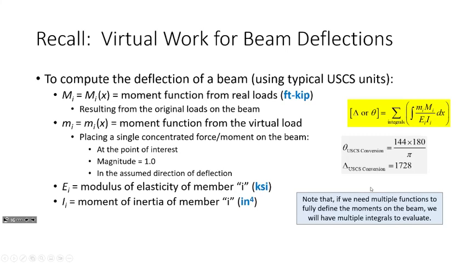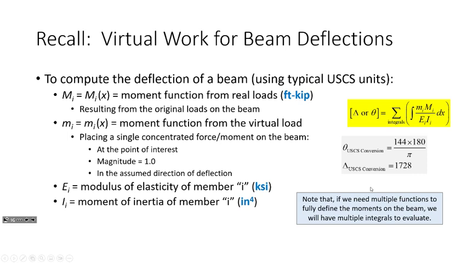To be clear, let's go back to where we're at. We're using the method of virtual work, so we're summing up the integrals for our beam, the little m over EI integrals. What we found during the last lecture is that if we have single moment functions, it's just an integral. But if we have multiple functions or multiple ranges of functions, then we have multiple integrals to evaluate.